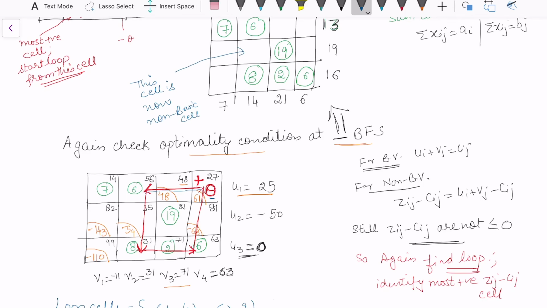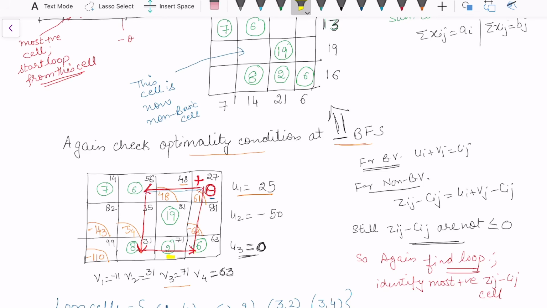Then I've come to the next one, this is 3,2. And then I go to the cell 3,4, and from there I come back to 1,4. So from here you can identify this 2 which seems to be overlapped here, but this is not an overlap. It is just that we are shifting from this cell to the next cell. So this is what is called the loop.